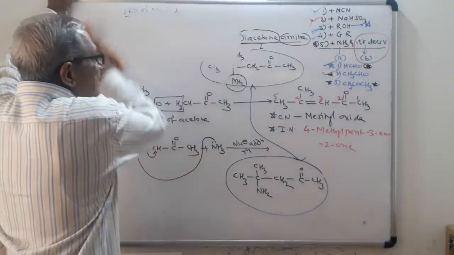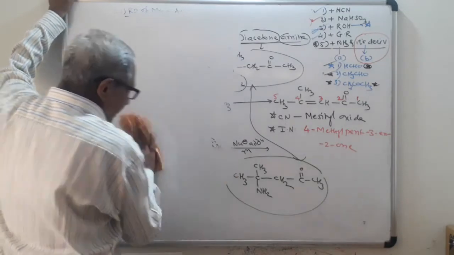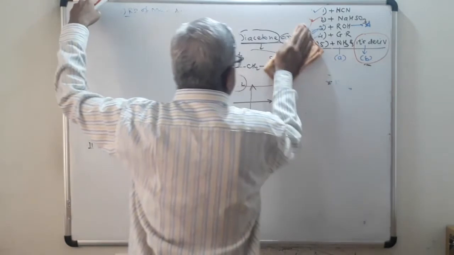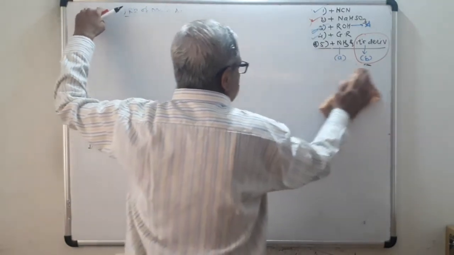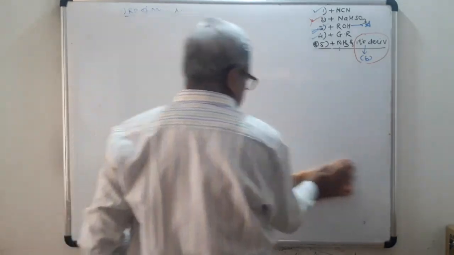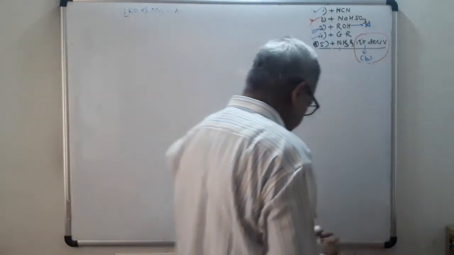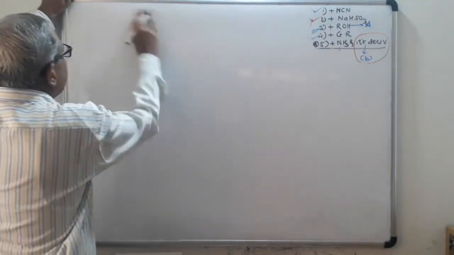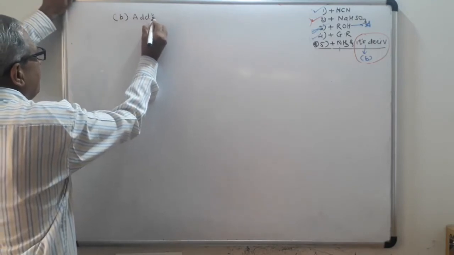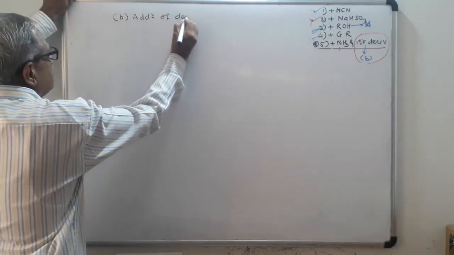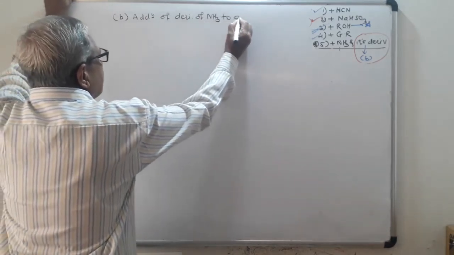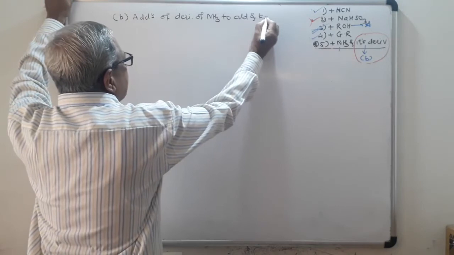Now I will start the next point, its derivative: addition of derivatives of ammonia to aldehyde and ketone. So this is your next point, point number B. Our title is B, addition of derivatives of ammonia to aldehyde and ketone.